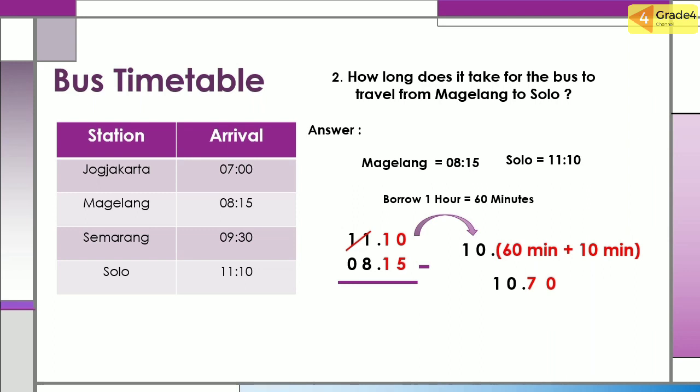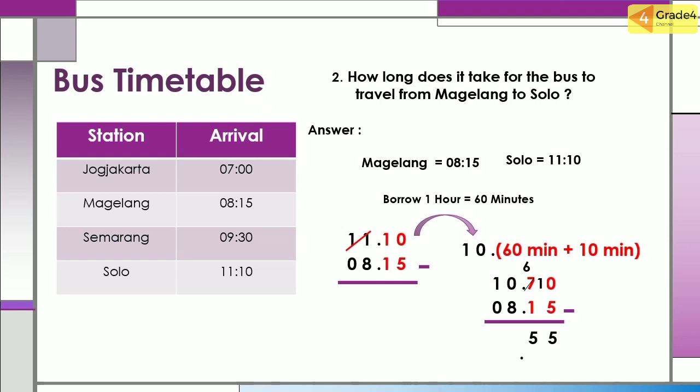10.70 minus 8.15. We can subtract from the minutes place. 0 minus 5, it cannot. So we can borrow from 7, and then 7 becomes 6, and then the 0 becomes 10. 10 minus 5 is 5, and then 6 minus 1 is 5.